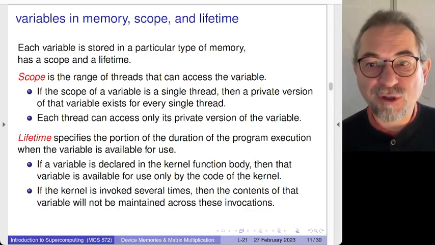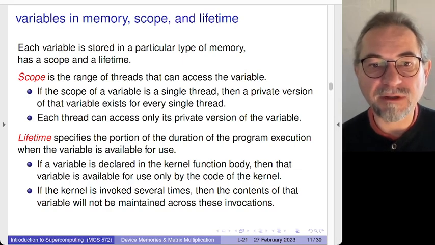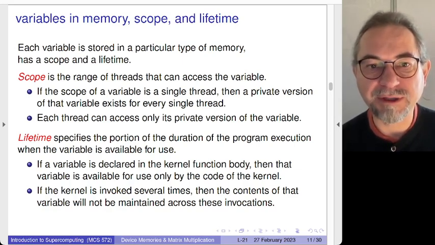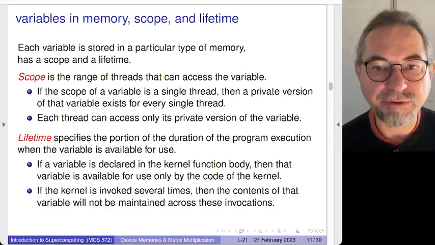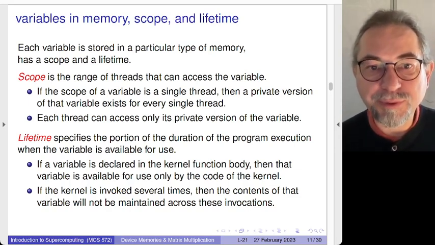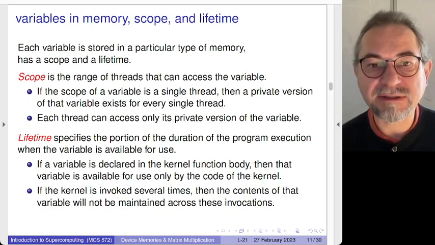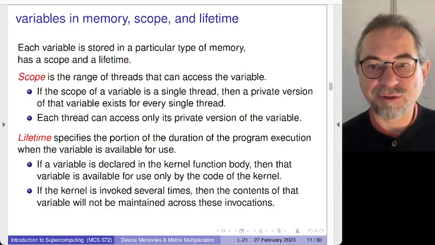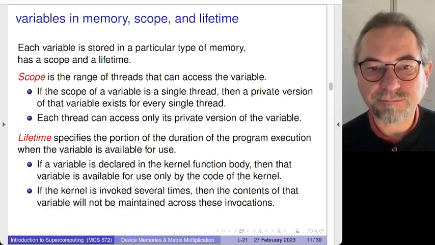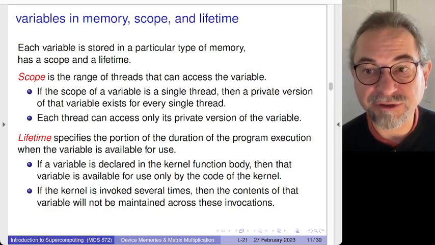We have to be aware of the scope and the lifetime of each storage that we access through variables. The scope are the threads that can access the variables. A register is one thread, shared memory one block of threads, global memory all the threads. So it's very important for synchronization.